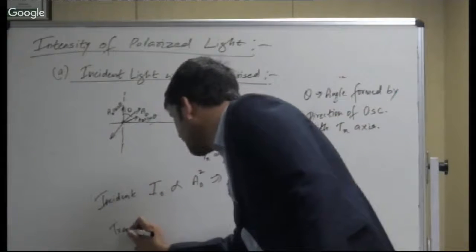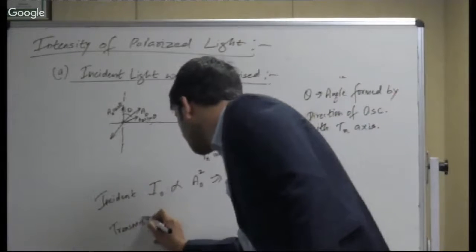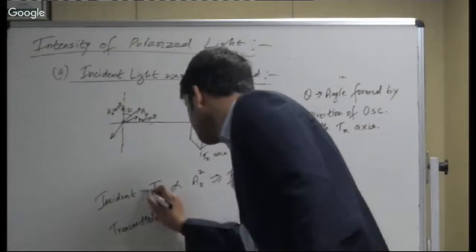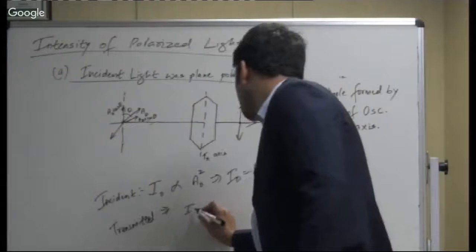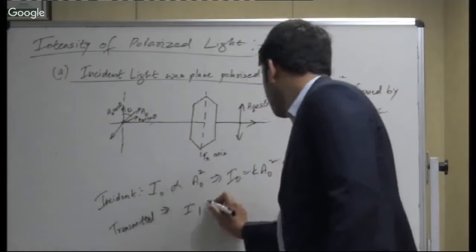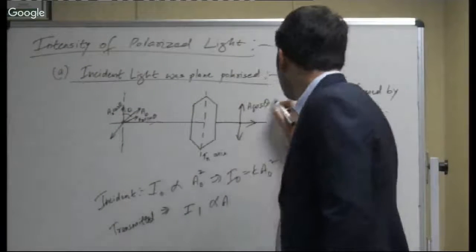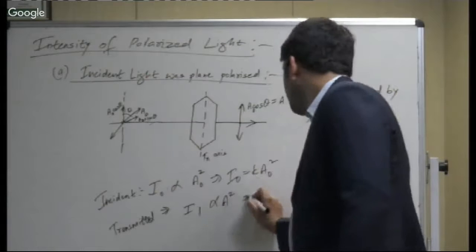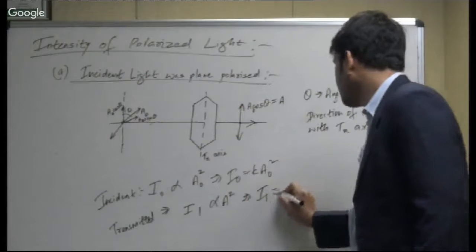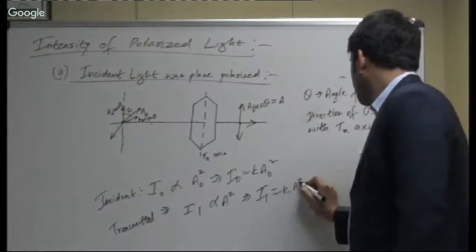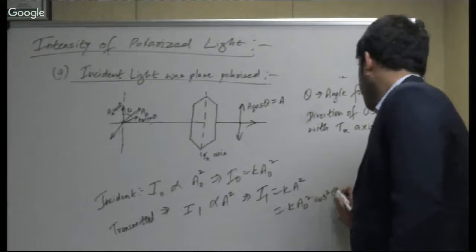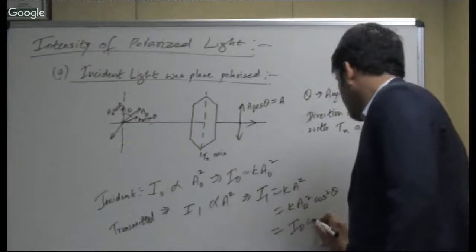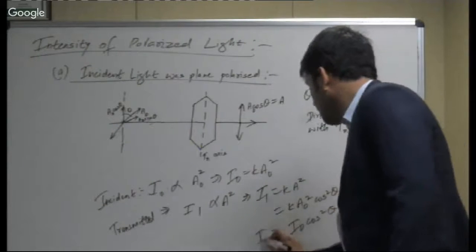For transmitted light, I1 would be proportional to A square, or we can say I1 is equal to K A naught square cos square theta. This is I naught cos square theta.